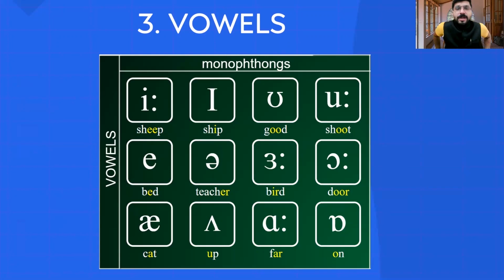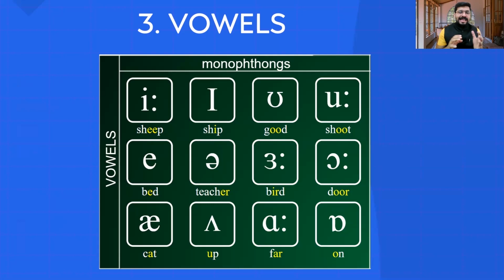Very well. When we look at the Received Pronunciation, the vowels that are given to us are 12. There are short vowels and long vowels, just like in the vernacular that we know. Let's look at each of the sounds, how each of the symbols is pronounced, and how each one of them is different from the others.